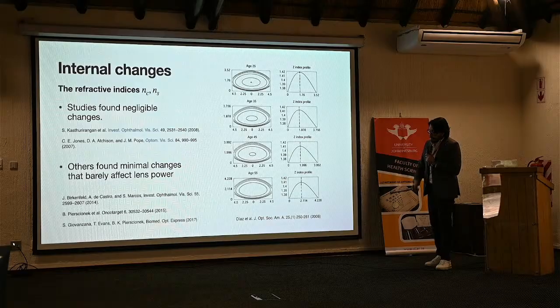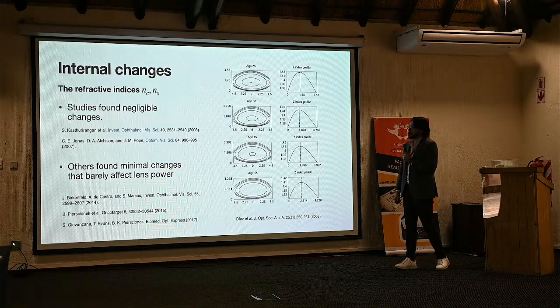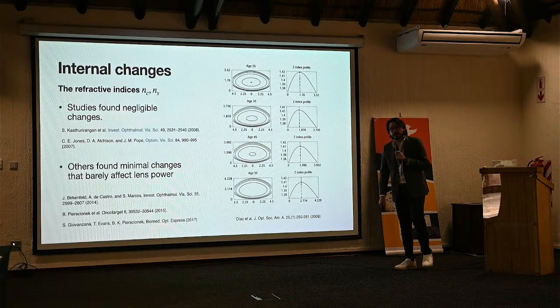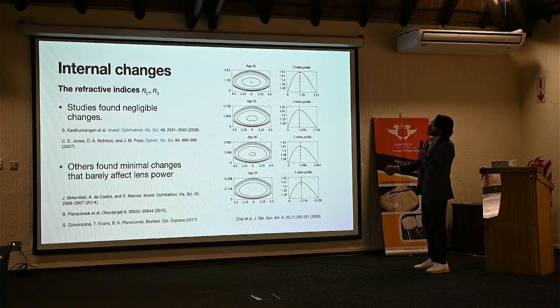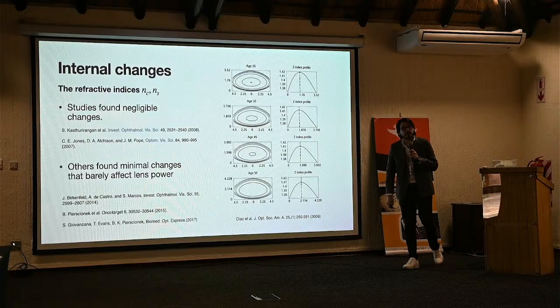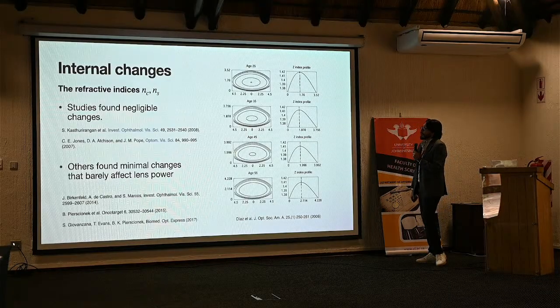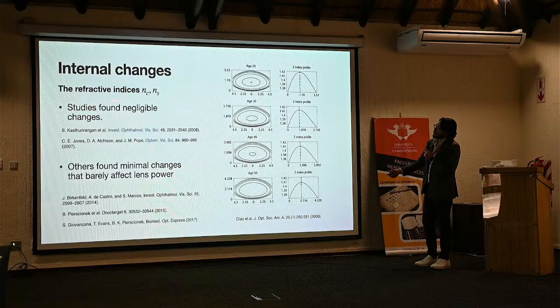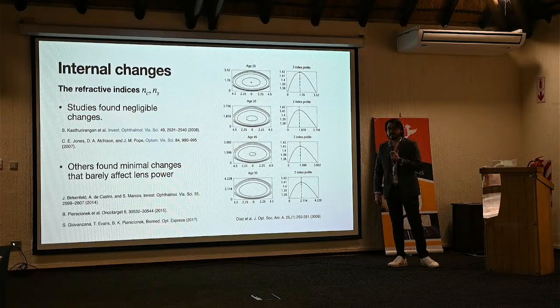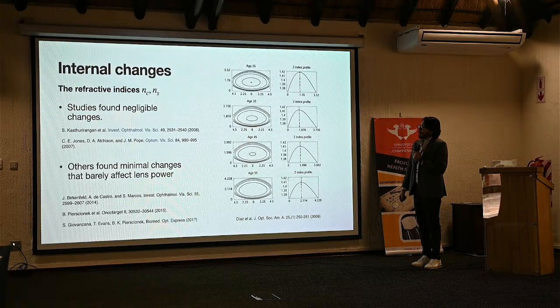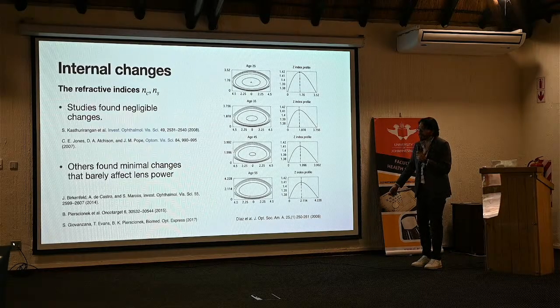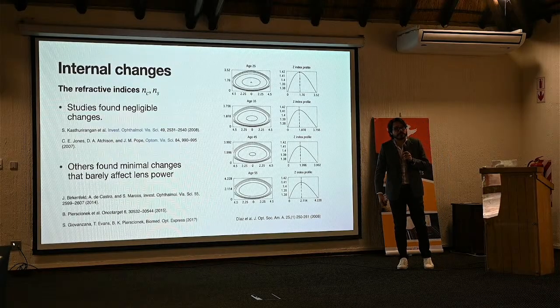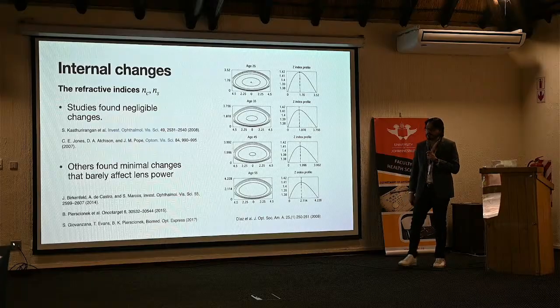Maybe one of the first attempts to answer the lens paradox was to think that the central refractive index is slowly going down. There are studies that have found negligible changes, and other studies that also found minimal changes, though some say the lens power is affected a little less.